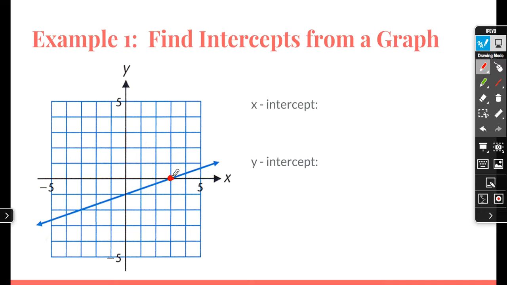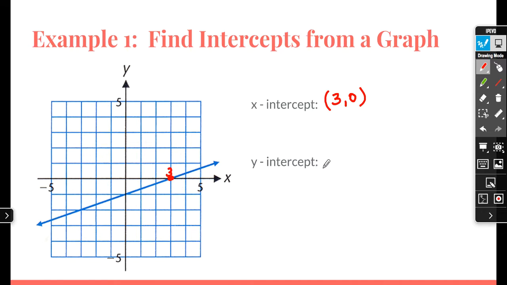To figure out what that value is, I want to find what the x point is here. My x value is 3, and since it's on the x-axis, my y value is 0. I don't go up or down any. So my x-intercept is at 3 on the graph. To write that as a point, I'm going to write (3, 0). And remember that coordinates go in parentheses.